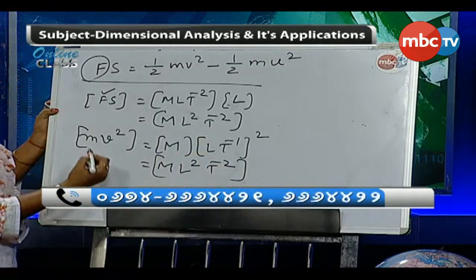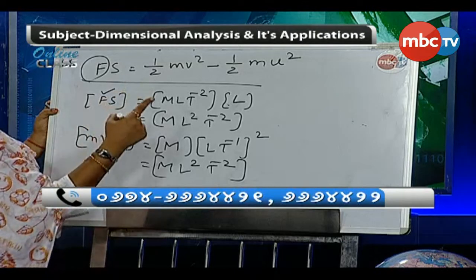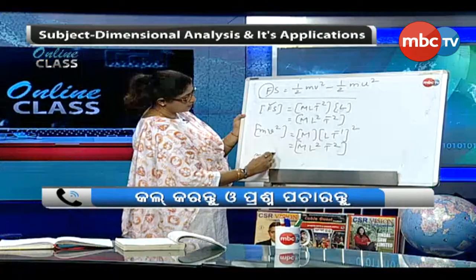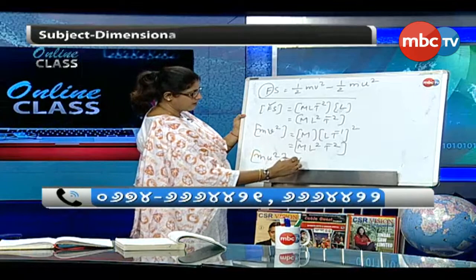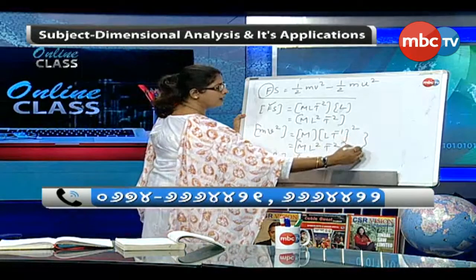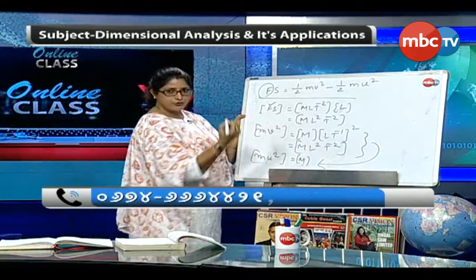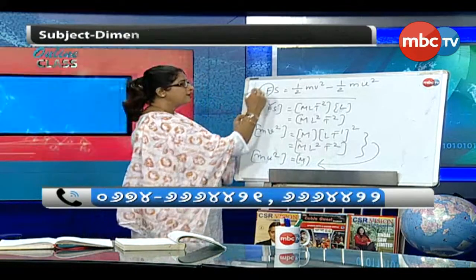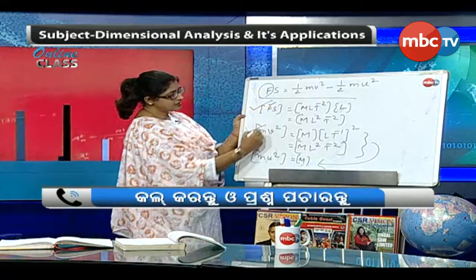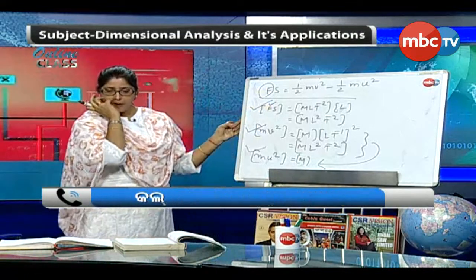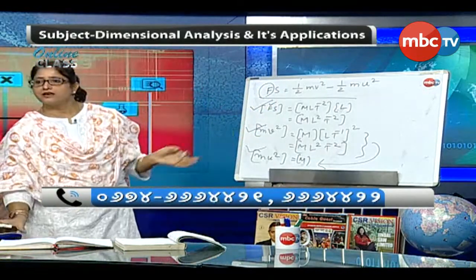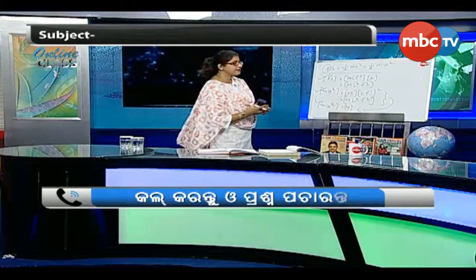Clear? Then m u square, the same way, M L2 T minus 2 will come. So finally the dimension of each term remains the same. So the given physical equation is dimensionally correct.